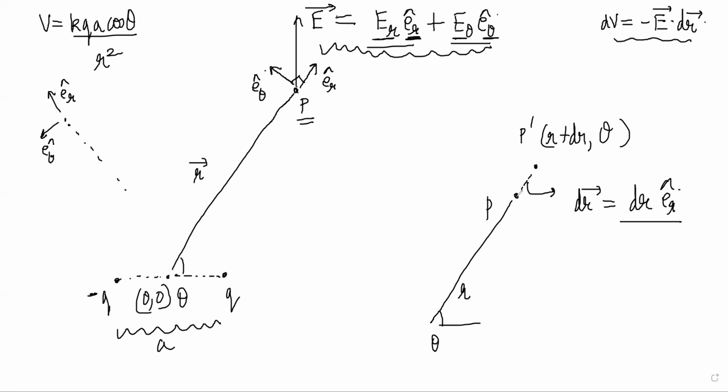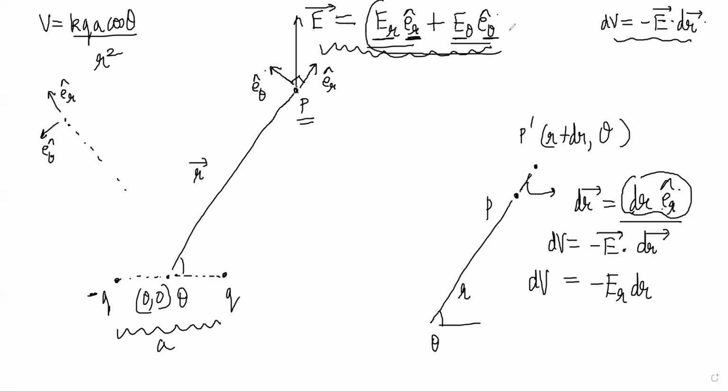So the change in potential from here to here, dV, should be minus E dot dr vector. But when you do the dot product with this particular dr vector, it will be minus Er dr, right? Because my displacement vector is dr times er vector, and E vector was this.